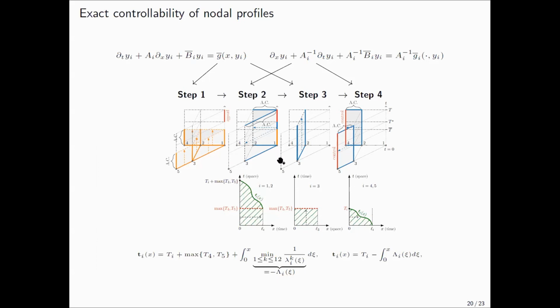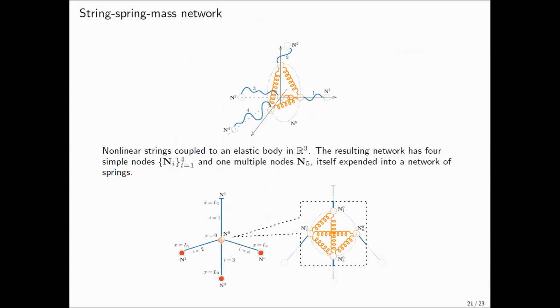And to prove this, we need to show that this blue solution in fact coincides with the orange solution on some domain which includes where the initial conditions are fulfilled, which is the green domain here. And this green domain is defined notably in terms of this traveling time from one side of the edge to the other. So this is a sketch of the method.